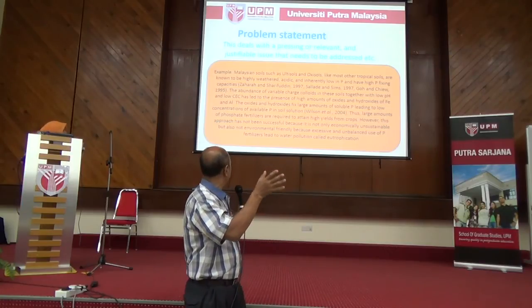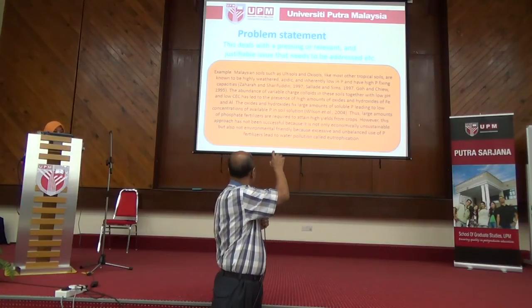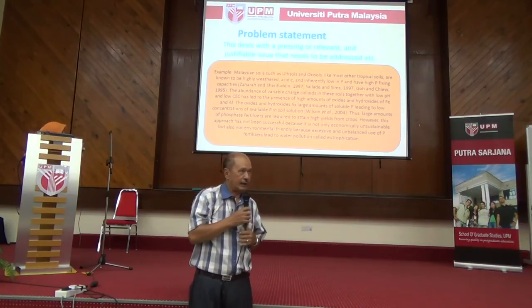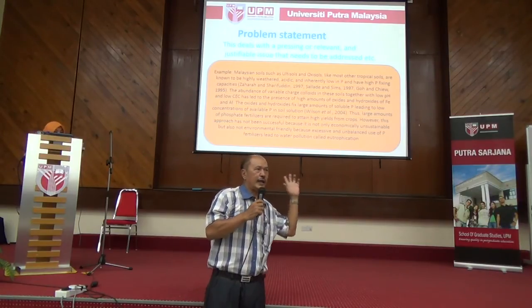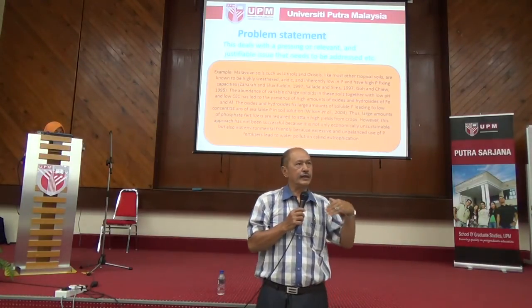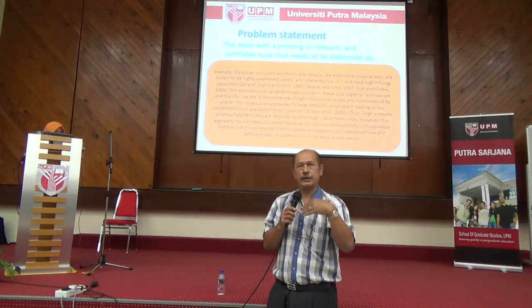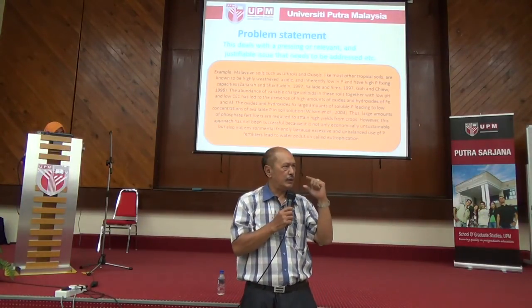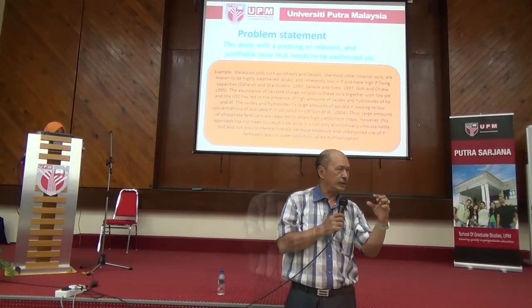So what happened? And then this person explained why our soil is like that: because it is high in iron and aluminum hydroxide. The second sentence. You see, each sentence supports the other. And this person did not know a word of English when he came to Malaysia.